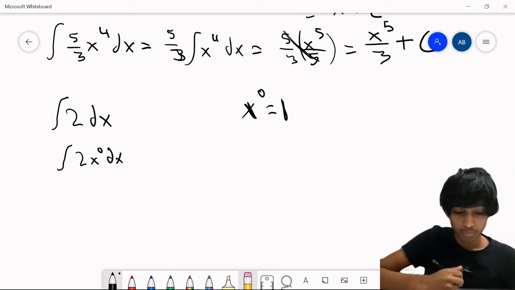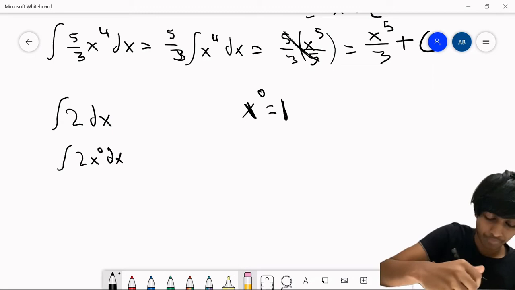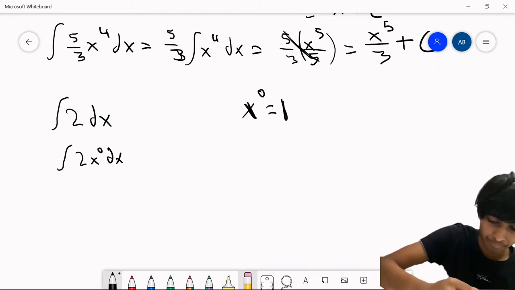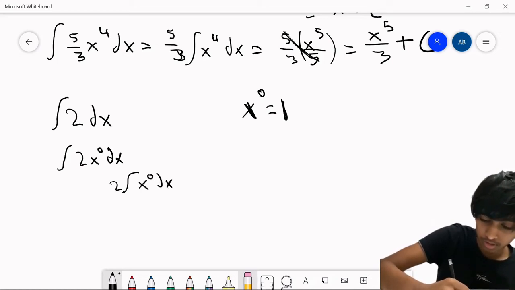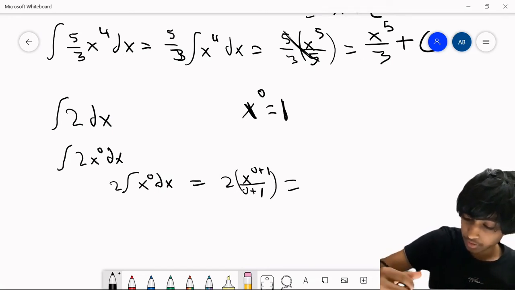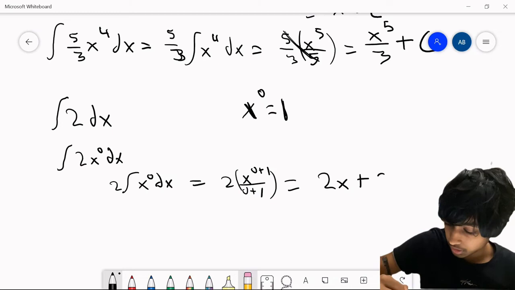Now we know you can use the power rule and take the constant out. So 2 times the integral of x to the 0 dx, which would equal 2 times x to the 0 plus 1 over 0 plus 1. So the final answer would be 2x plus c.